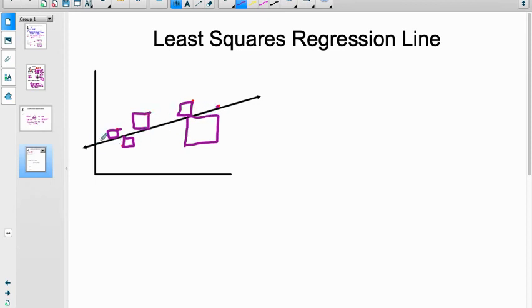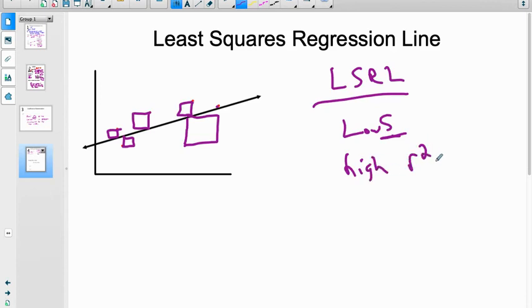Your calculator automatically puts in the line that minimizes the area of those squares. So we want our least squares regression line to have a low standard deviation of the residuals, low s, and a high r squared, which means our correlation, or r value, is close to either 1 or -1.